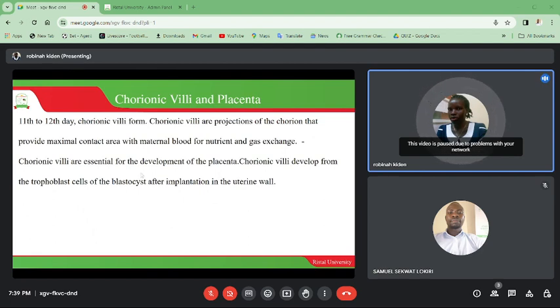So chorionic villi are essential for the development of the placenta. Chorionic villi develop from the trophoblast cells of the blastocyst after implantation into the uterine wall.